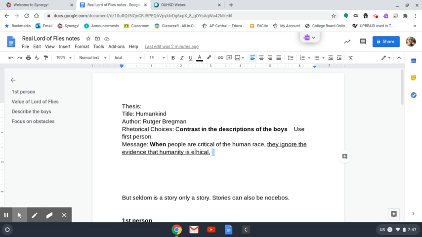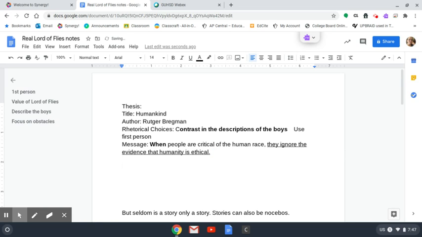It still works. My point is that you need to have 1 or 2 sentences that are going to very clearly pull out what are the rhetorical choices that you're going to focus on, and what message do those rhetorical choices push. So you need to really start thinking about Aristotle's triangle.